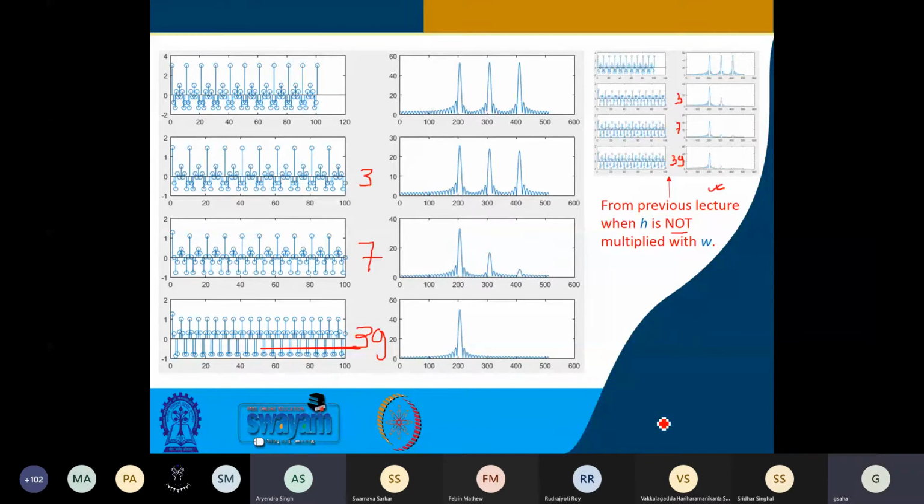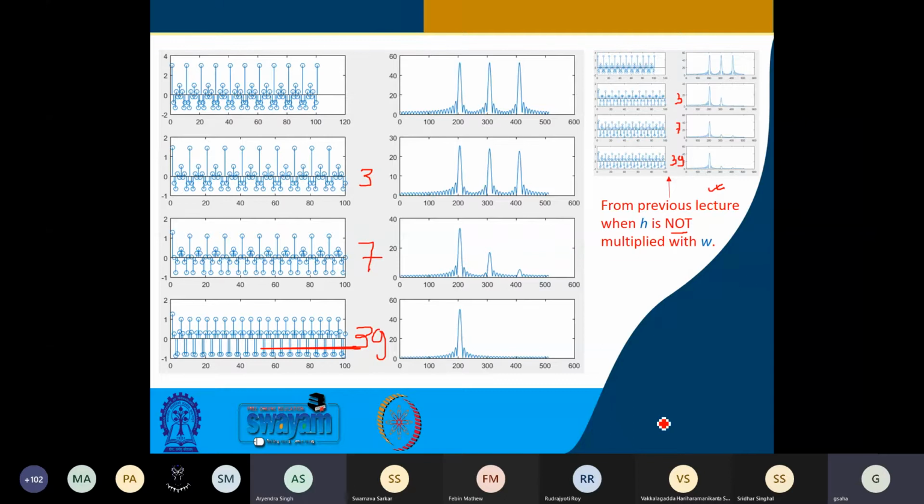And in the 7 case also we see that, as Sridhar said, the transition width is more, so going from 256 to 512, the drop in magnitude is much smaller for the middle frequency. But in the 39 case we see that it has performed better than the previous filter, attenuating both of the frequencies to almost 0.